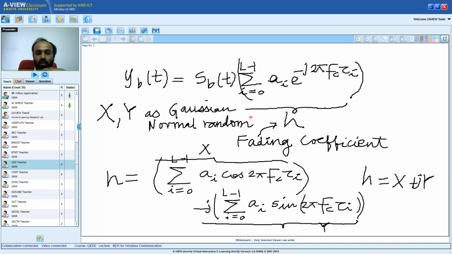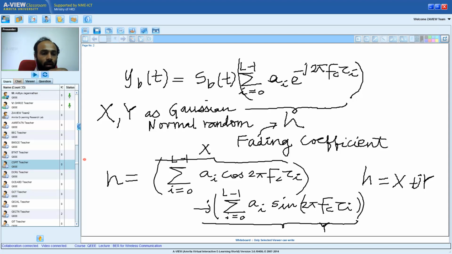Now if x and y are Gaussian, let me talk a little bit about the basics of Gaussian random variables. Raisoni College of Engineering, are you familiar with the Gaussian random variable? No, sir.